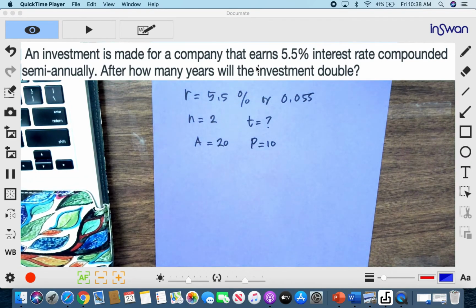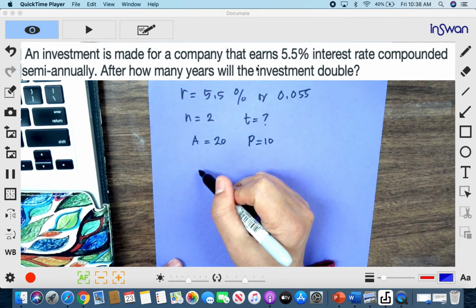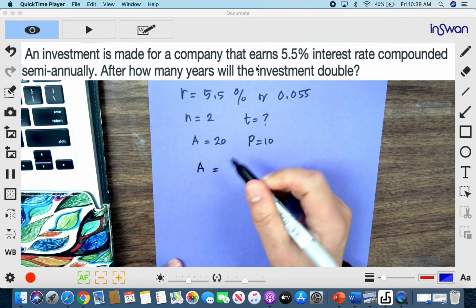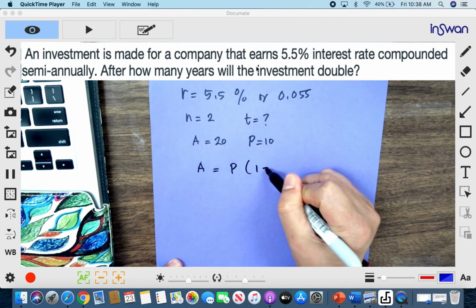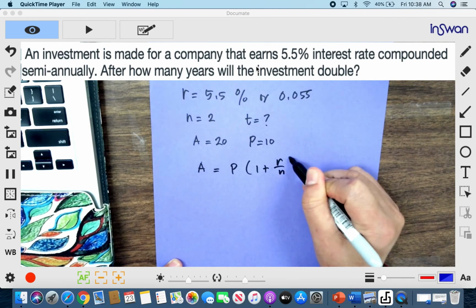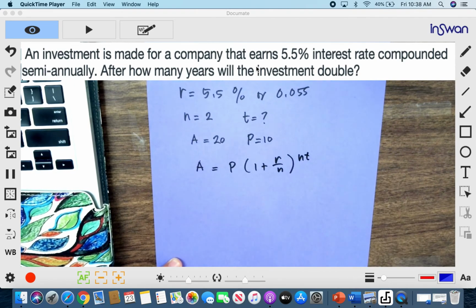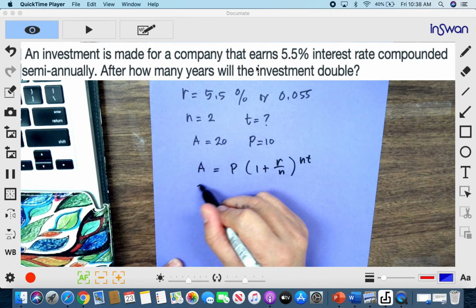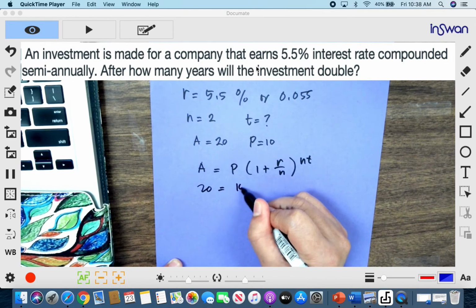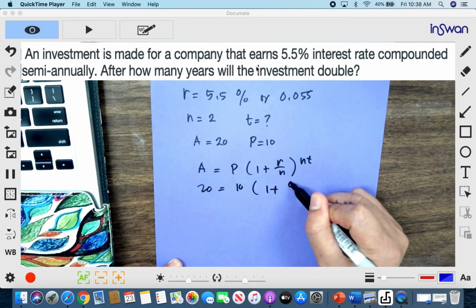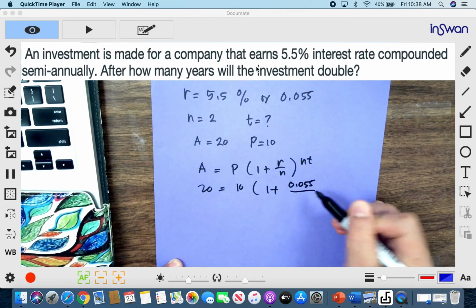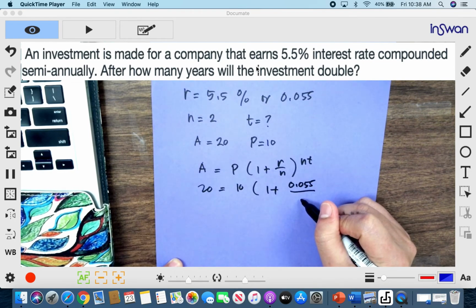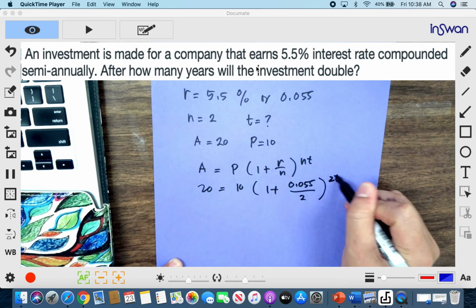For all the values that you're thinking of, it will be the same to double in a particular time. So this is a compound interest. So we'll use A equals P times 1 plus R over N raised to NT. So our A is 20 and our P is 10. 1 plus 0.055 over 2 raised to 2t.